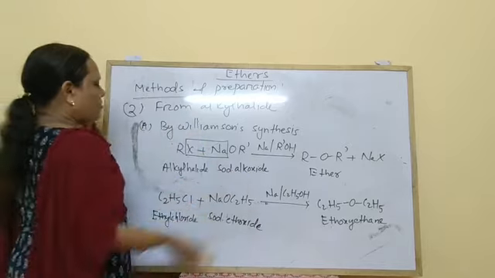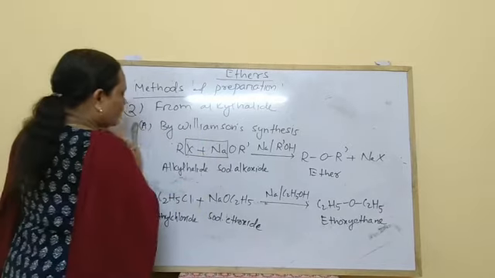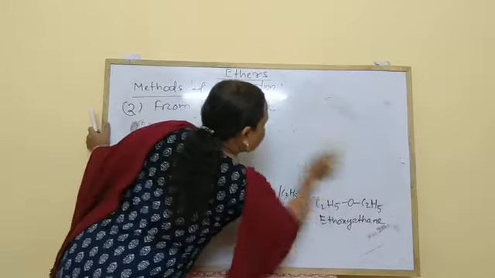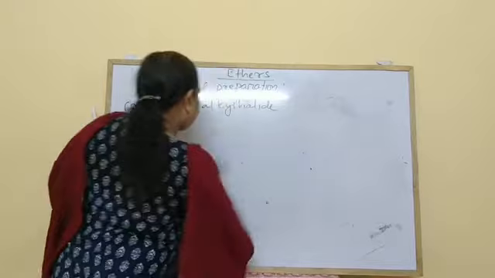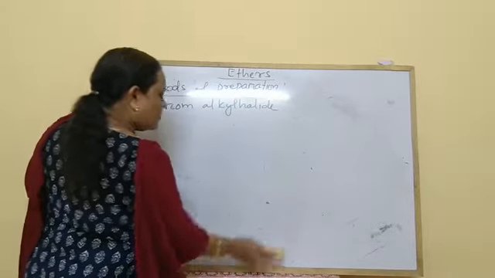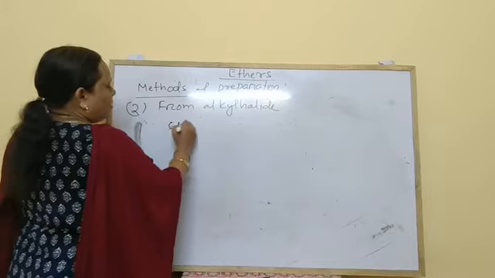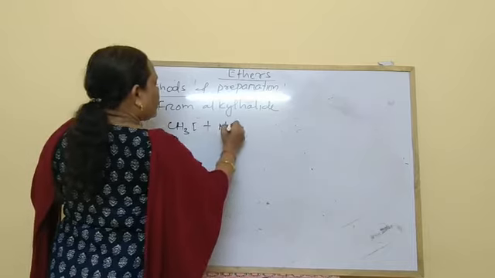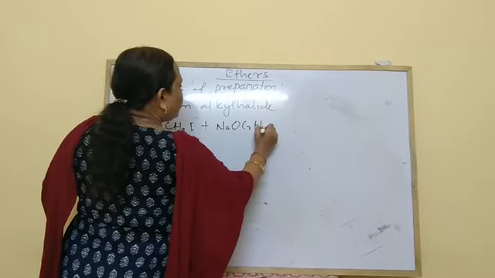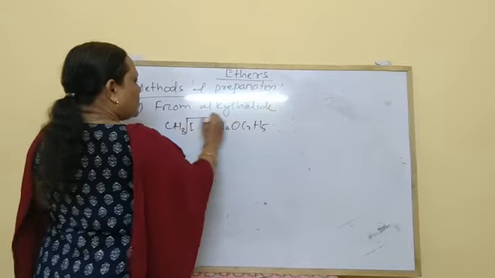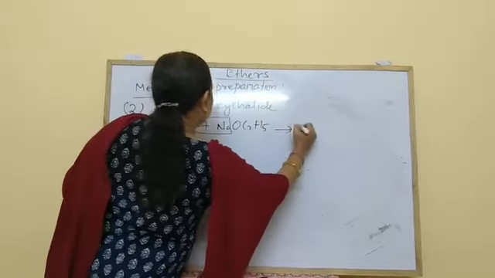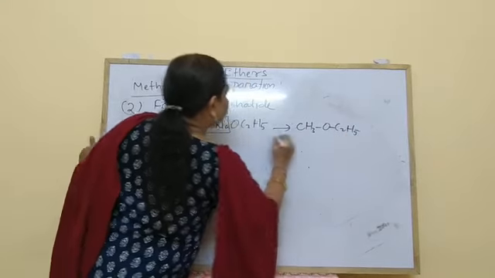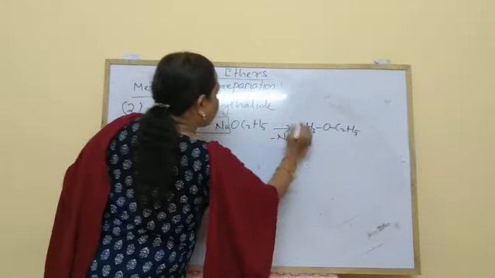For example, CH3I plus NaOC2H5 gives CH3OC2H5 plus NaI.